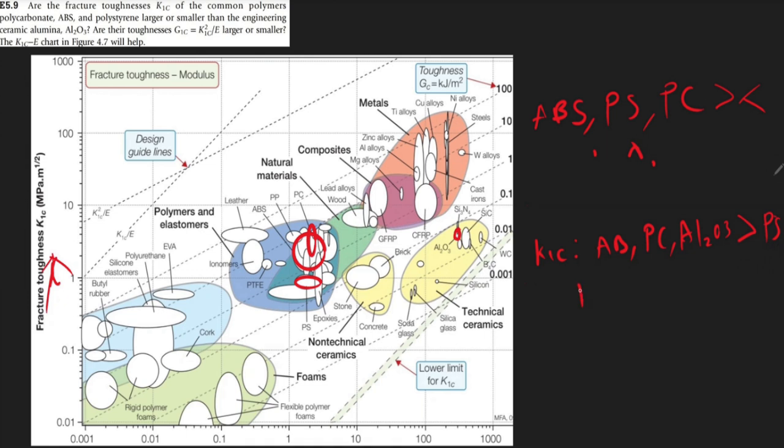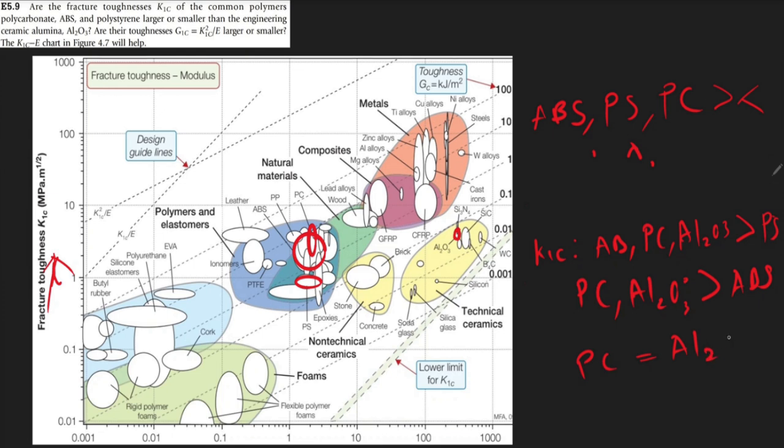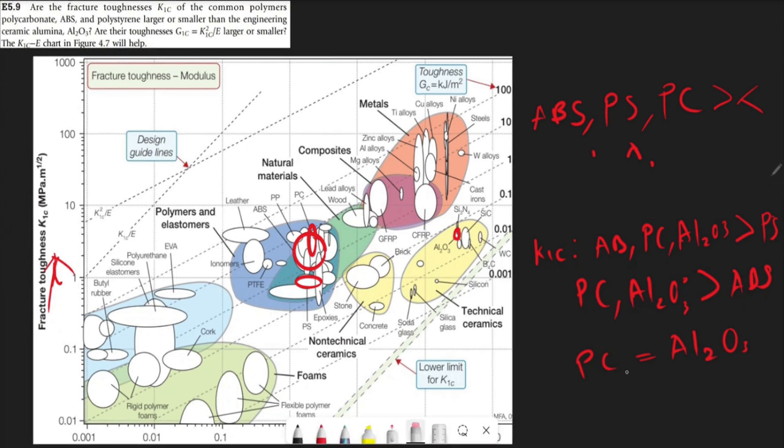Also, polycarbonate and alumina have a greater K1C than ABS. And you can now say that polycarbonate and alumina have almost similar K1C values. That's it for K1C.